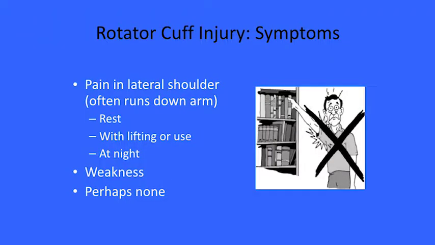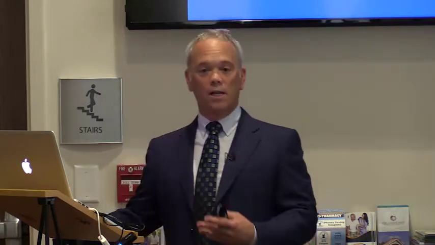You might have pain with lifting of your arm, pain at rest, pain at night when you're sleeping. You may have some weakness, but you might not, or you might not even have symptoms. I see a lot of people with what I would call end-stage rotator cuff tears who said it never bothered me before, and I'm looking at a rotator cuff that's been torn for many years, and in fact, you can't even repair it on some of these.